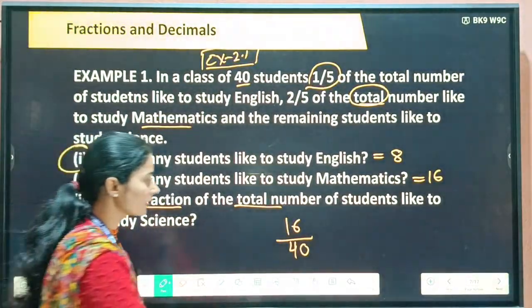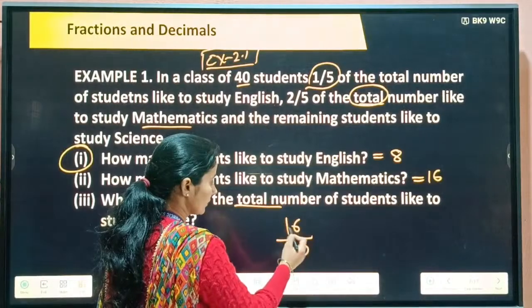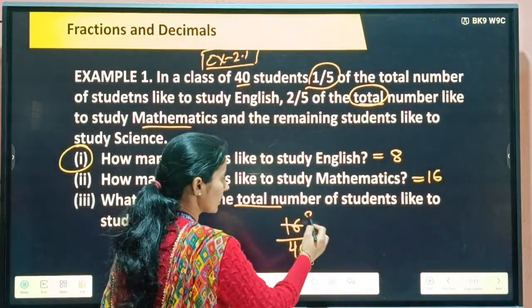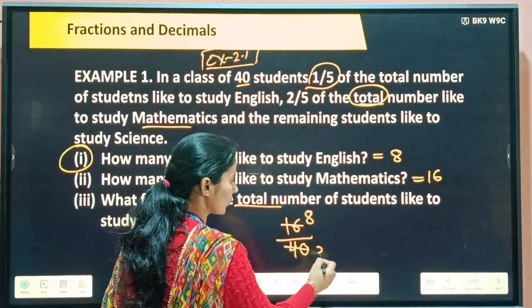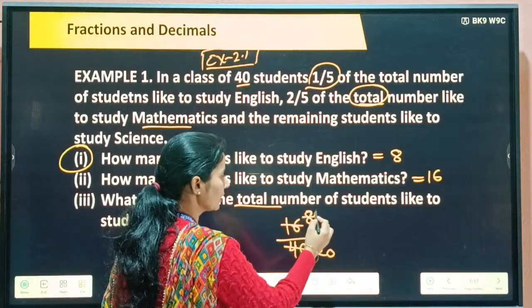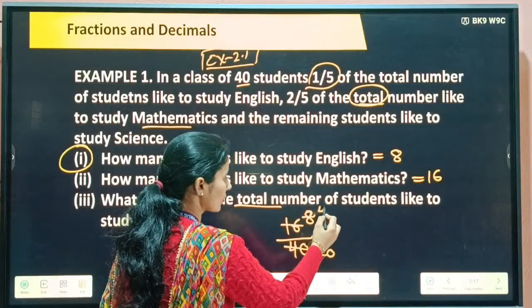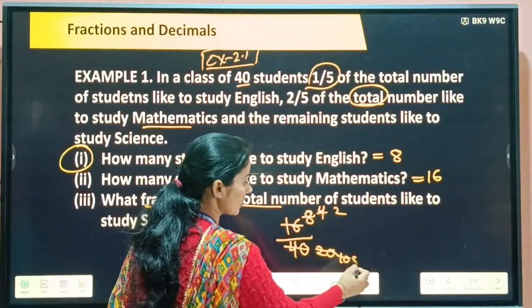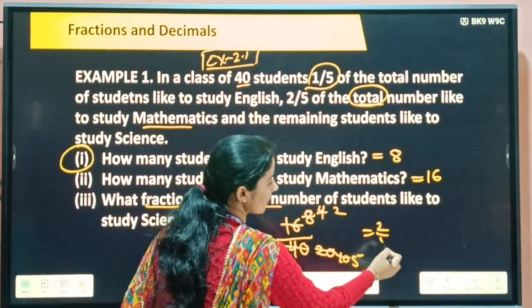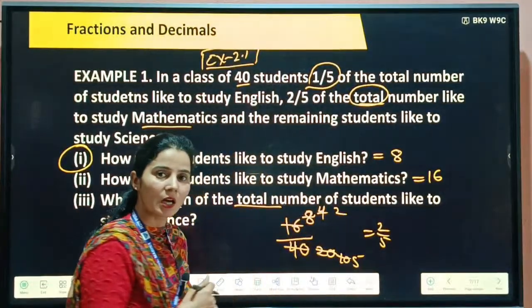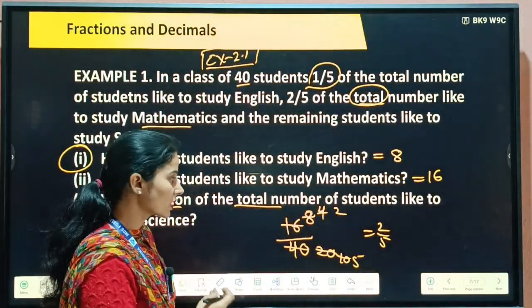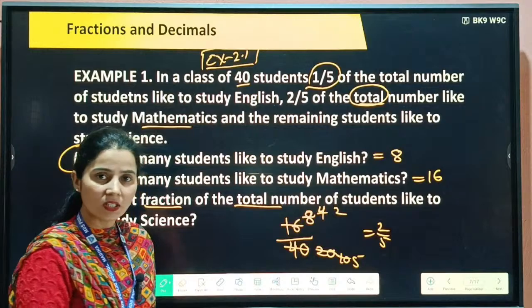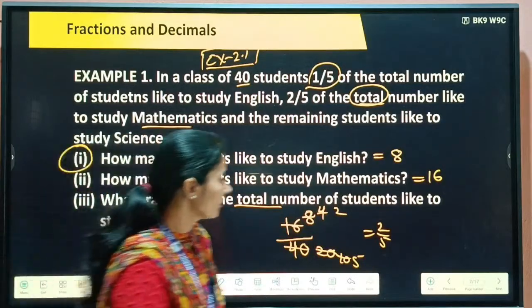We can represent this in lowest form. 2 8s are 16 and 2 20s are 40. Further it can be cancelled: 2 4s are 8 and 2 10s are 20; 2 2s are 4, 2 5s are 10. That is 2 by 5. If total students are 5, then out of 5 students, 2 like to study science.